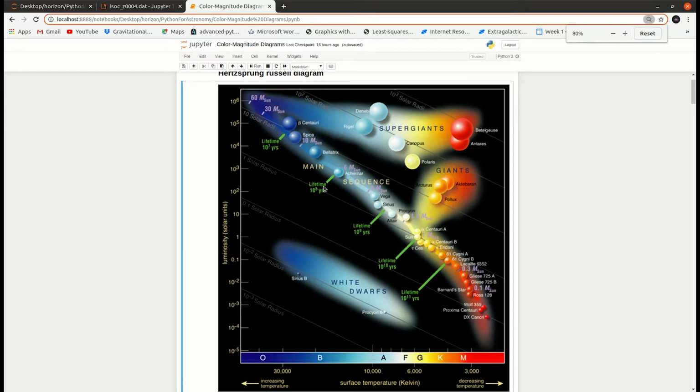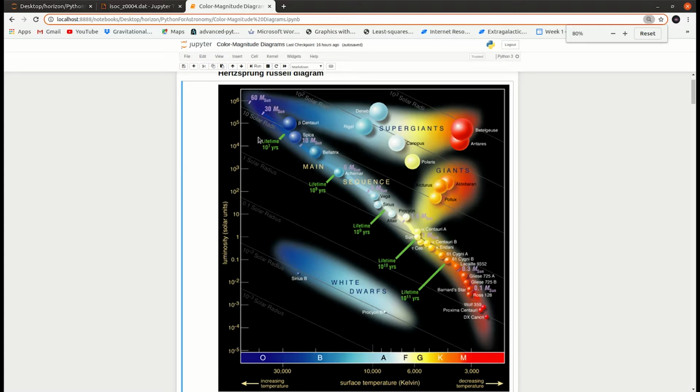Also, you can observe that the lifetime of a particular star depends on where the star is in this diagram. Like if you see a particular star over here, in this particular branch where the temperature is too low and luminosity is also too low, which means the mass is too low. Such small stars have a lifetime of around 10 power 11 years.